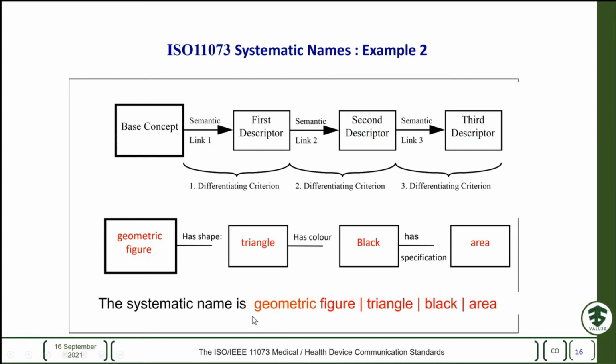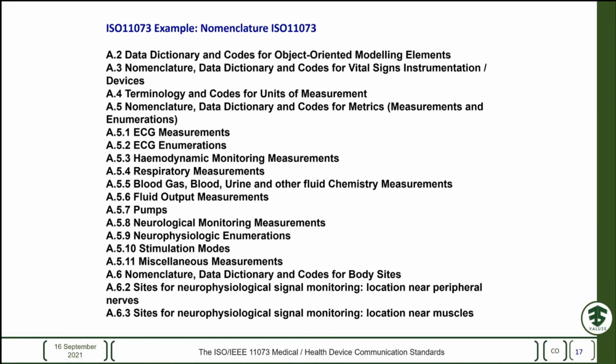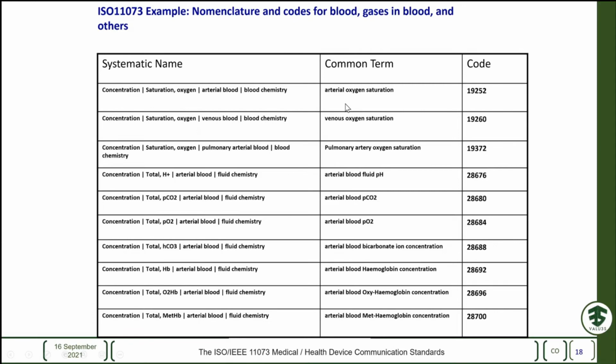And in the end, in the case of the black area of the triangle, it would be geometric figure, has shape triangle, has color black, has a specification area. You can think of this concept being implemented for medical vital signs. We have a dictionary of terms for every different application area, for example, electrocardiography or neurological monitoring, etc. And the type of thing would be something like this.